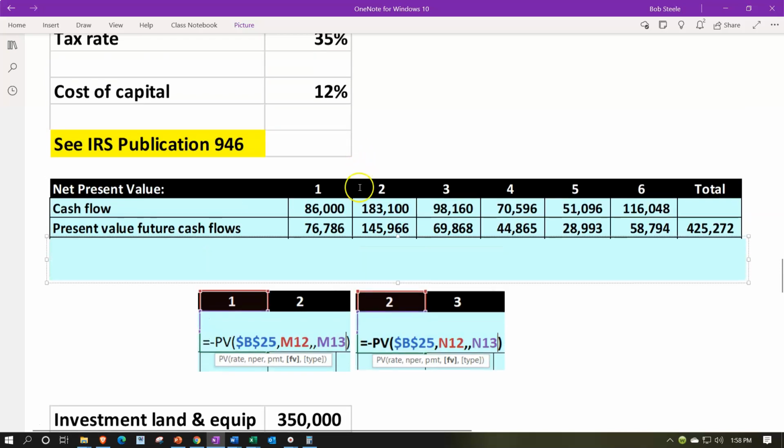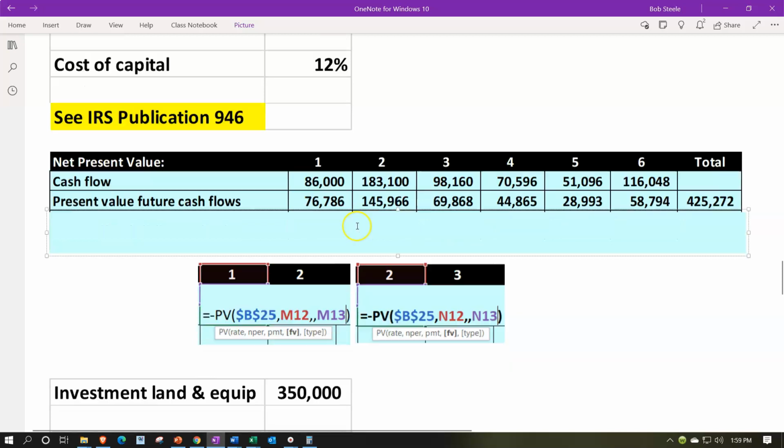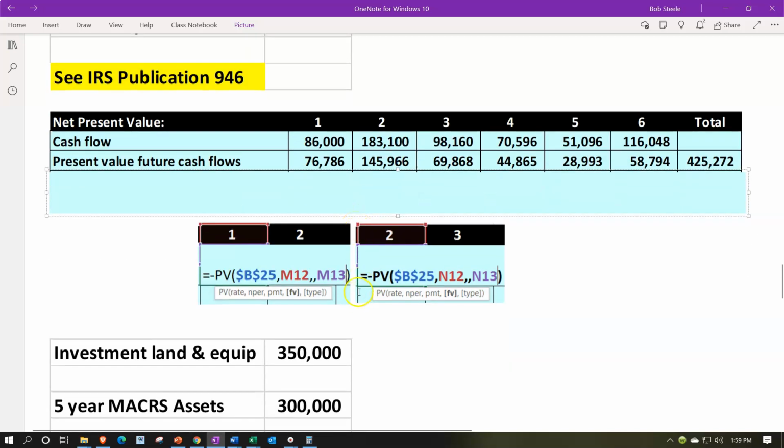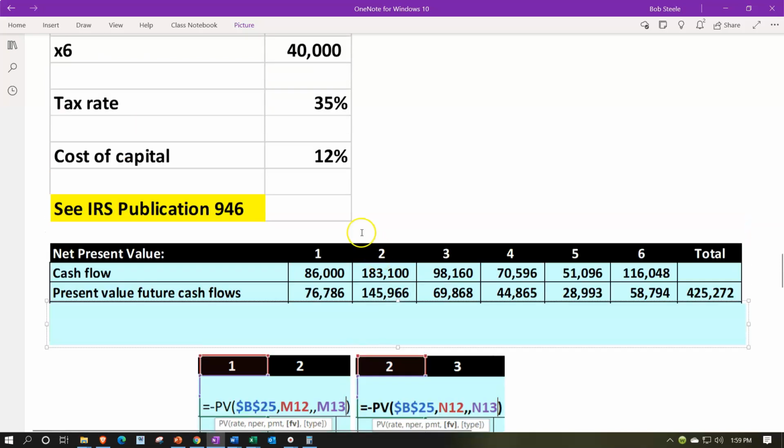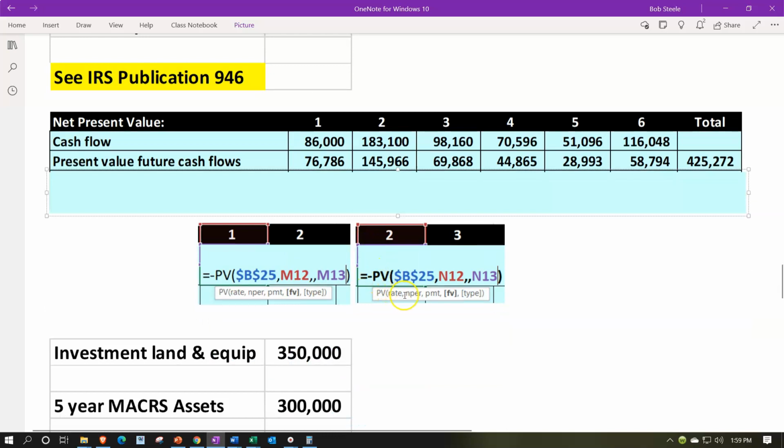the 183,100 discounted 2 years back at the rate of 12% would be 145,966. If we look at the formula, negative present value, the rate, same cell you can see because it's an absolute reference. That would be the 12% being referenced. Comma, number of periods is now 2.